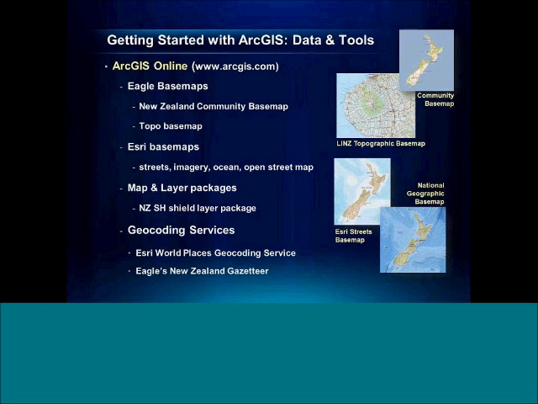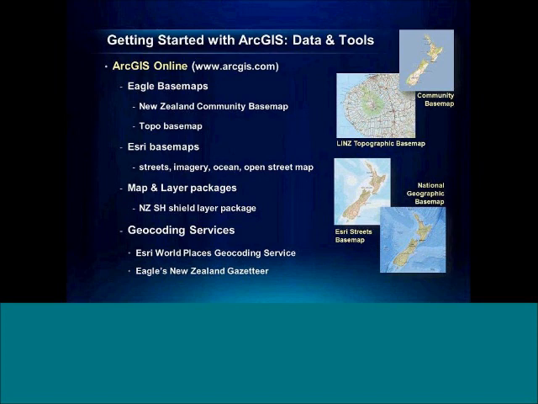We also have a topographic base map, which is a cached base map service of all of the LINS topographic series base maps. And this is cached to a scale of 1 to 25,000. And I should say the New Zealand Community base map is cached to a scale of 1 to 2,500.